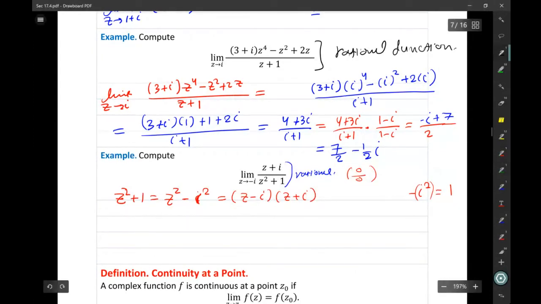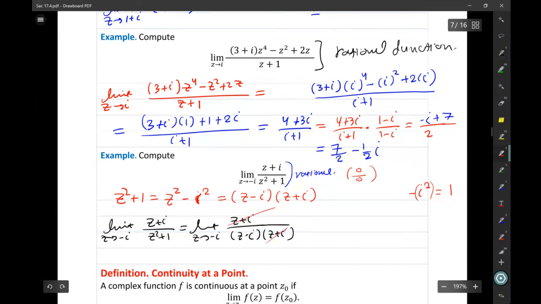So now the limit for (z plus i) over (z squared plus 1) where z approaches minus i becomes the limit of (z plus i) over (z minus i)(z plus i) where z approaches minus i. Now you can simplify.